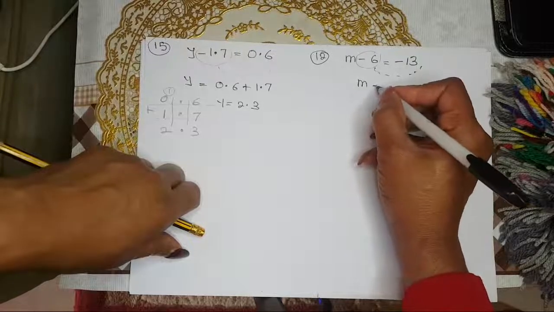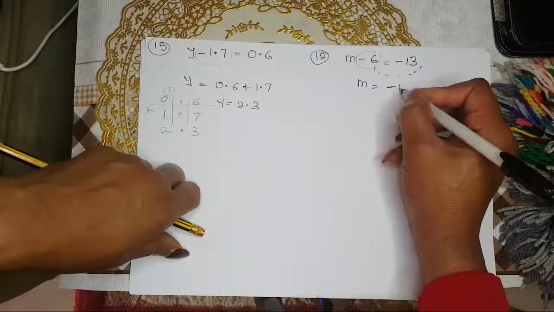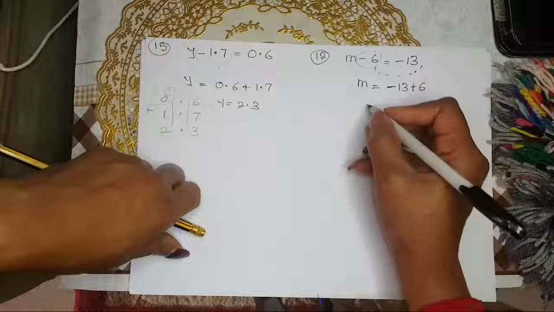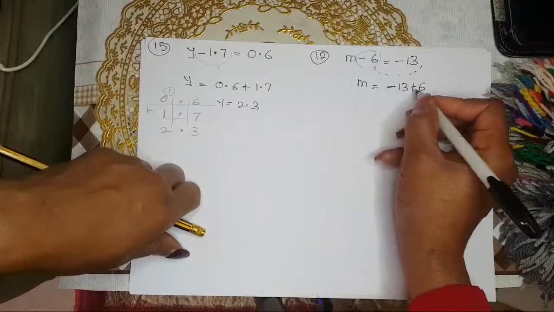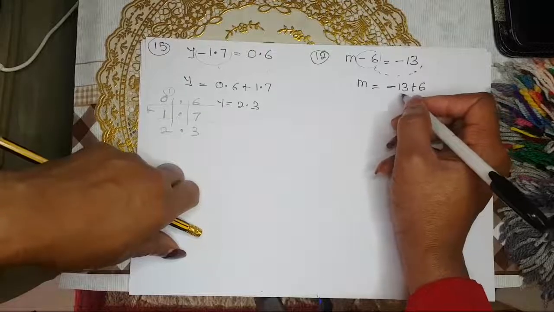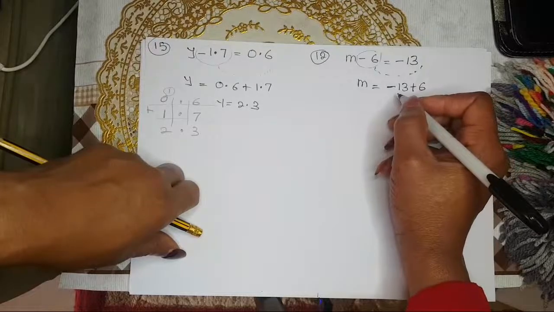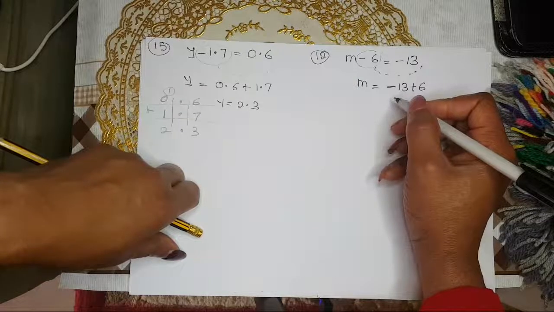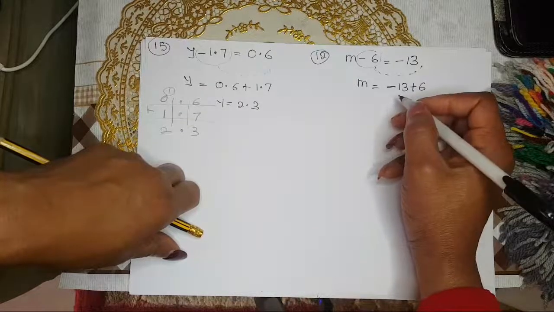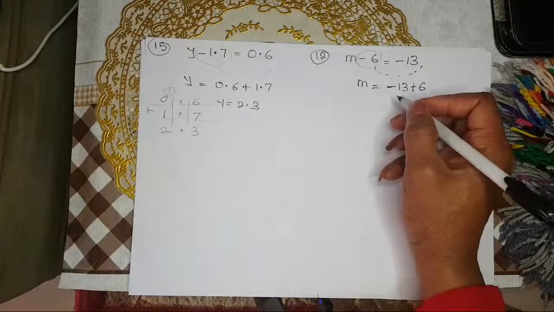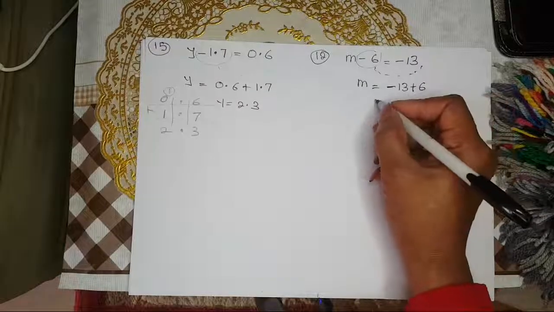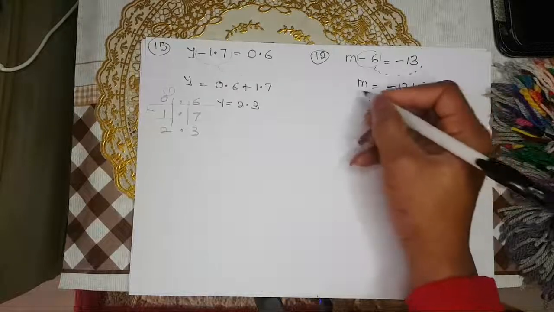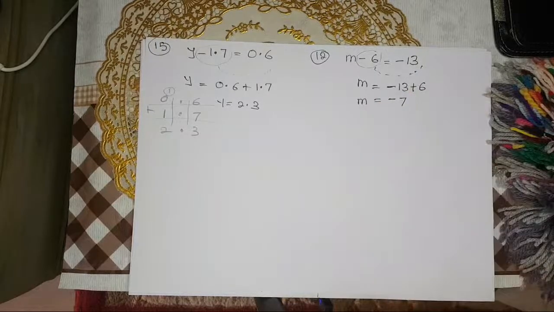It's going to give you equals, negative is already here. We don't have to change it. So this is negative 13 plus 6. Remember, if you see any problem like this, you subtract but keep the sign of the bigger number. Okay? So 13 minus 6 is going to give you 7. Don't forget the negative sign. So m is equal to what?